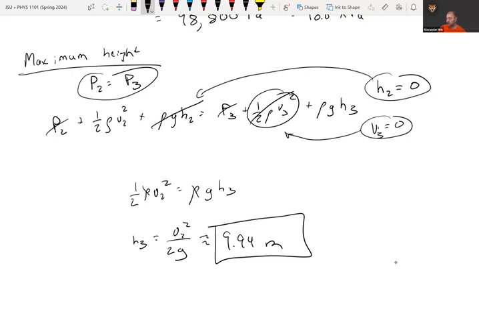And then realizing that I can just set H2 to be equal to zero, because that was my initial height and I want to know how much higher above that it goes. That's another key point there. And then lastly, going back to kinematics, realizing that V3 is going to be zero is another big thing you need in order to solve that.